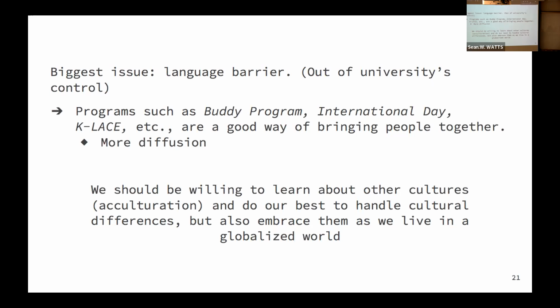Not just interested in. Go ahead. I think Jules. Yes, go ahead. I don't know about others, but what I've learned from their presentation is that on this slide, it says we should be willing to learn about other cultures and do our best to handle cultural differences, but also embrace them as we live in a globalized world.